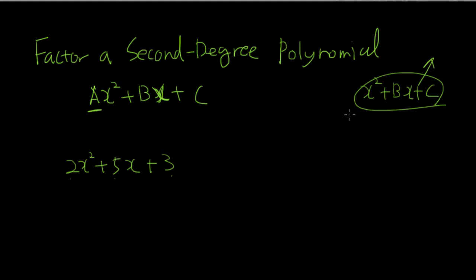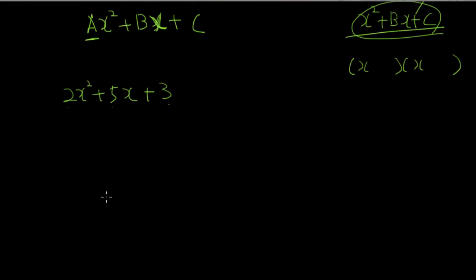If it looked like x squared plus bx plus c, we would have set it up and tried to identify the two number combination. But if we have a number there, we cannot use this technique. So the technique that I would recommend is called the AC method.